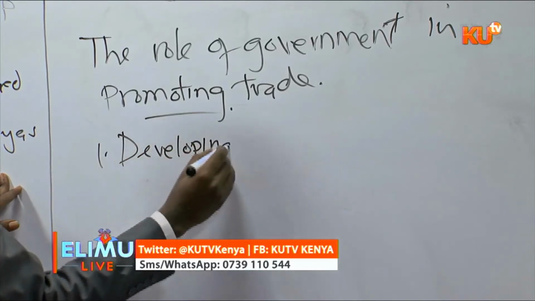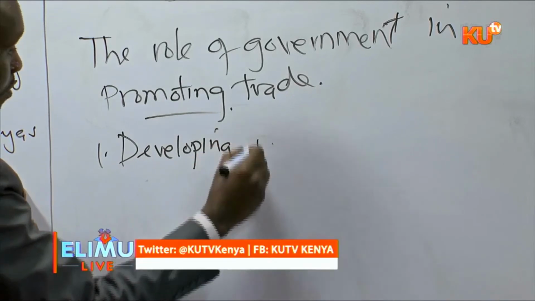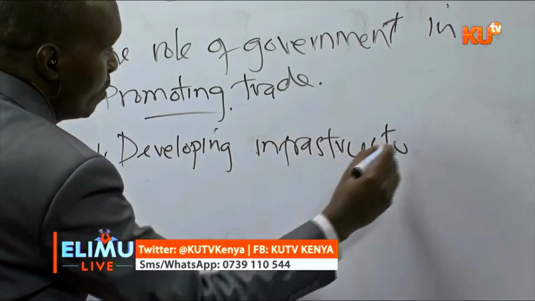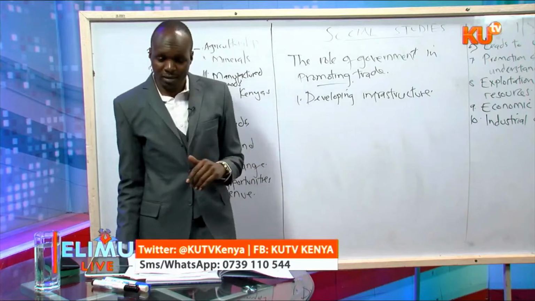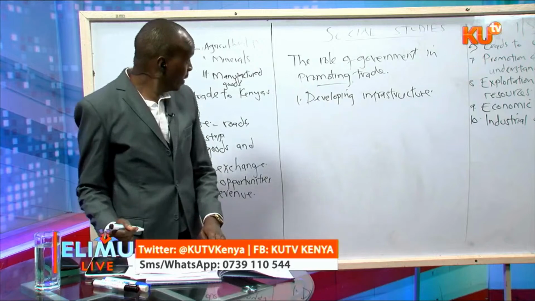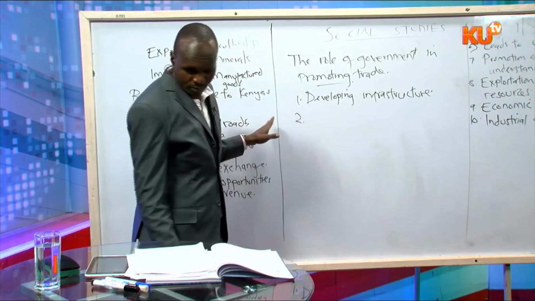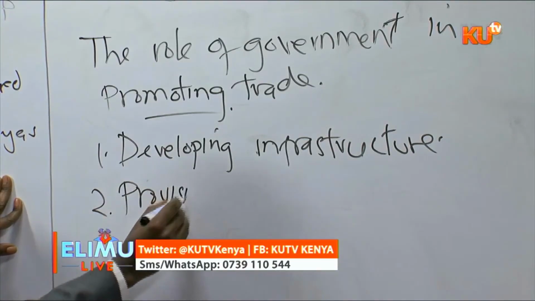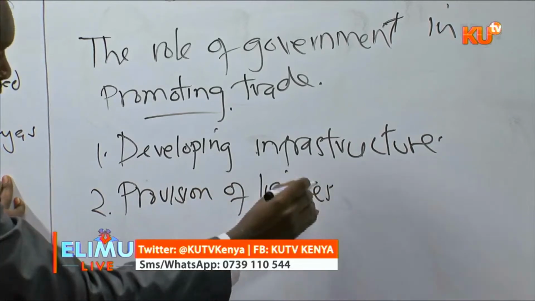These are roads, railways, to make the goods access the market. Also, the government has provided licenses.